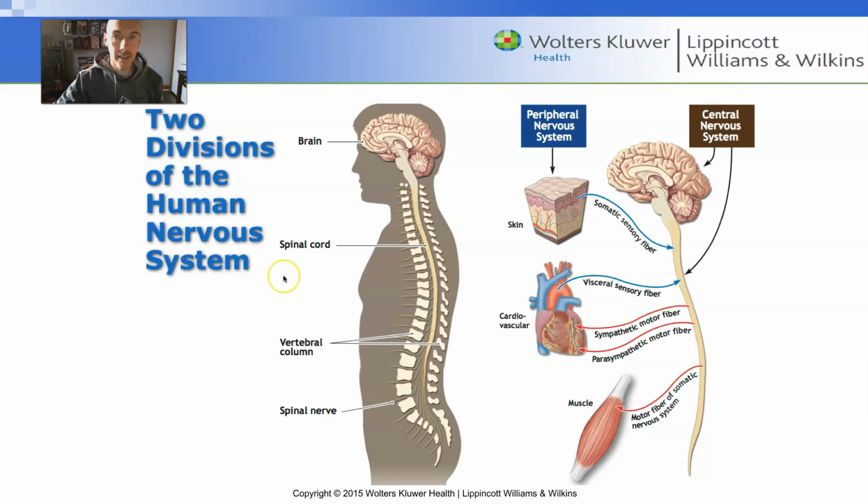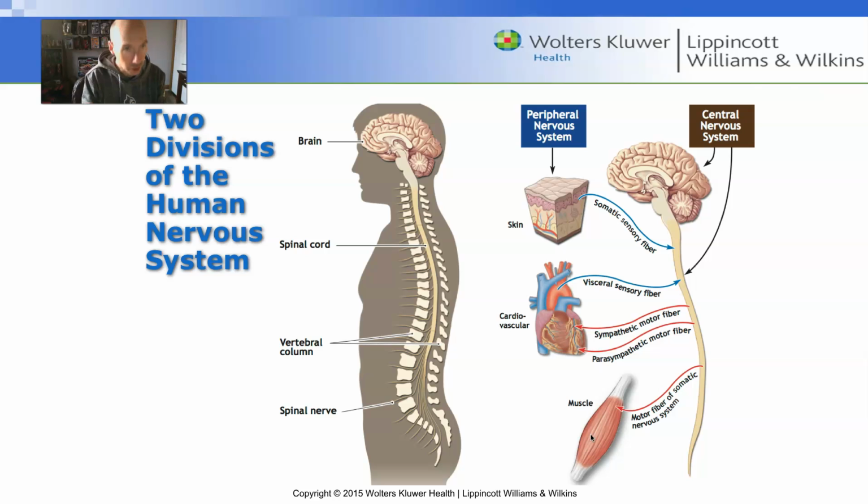Here we can see, again, in a picture, we have the CNS here. And then once these nerves start to come through the spinal column, then we get into the peripheral nervous system, right? So all of our organs, our skin, our heart, muscles, they are innervated by the peripheral nervous system.